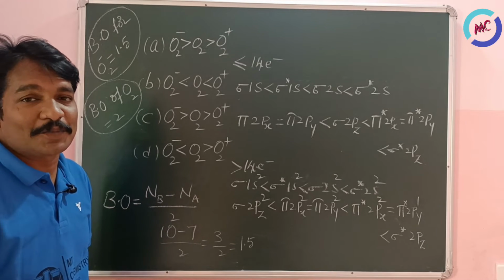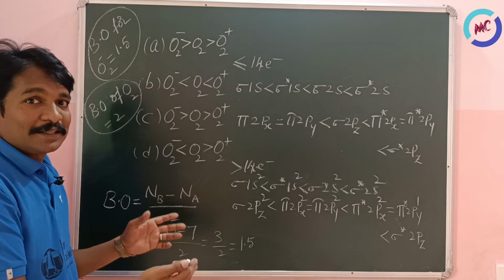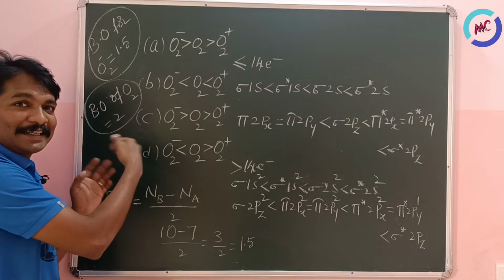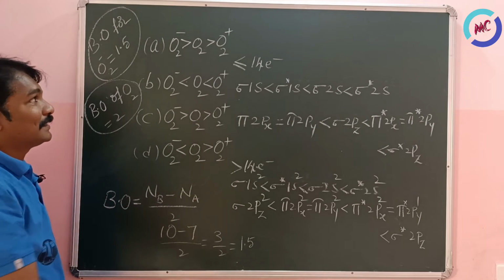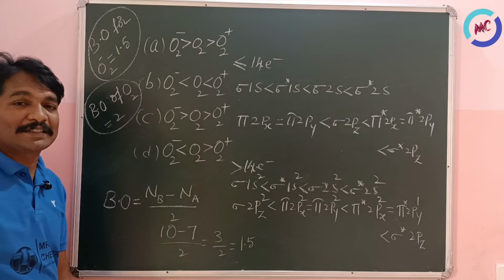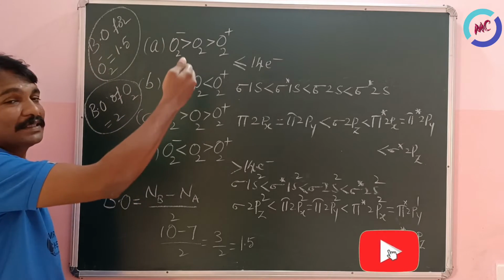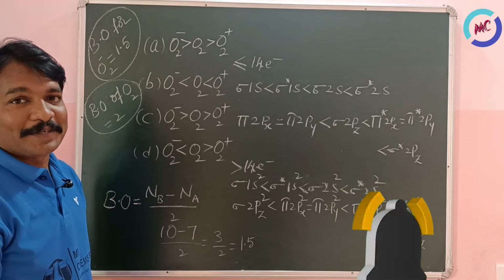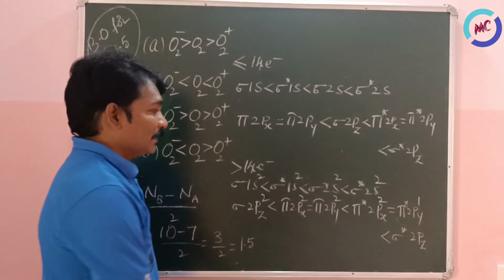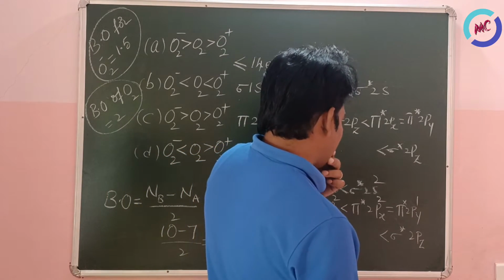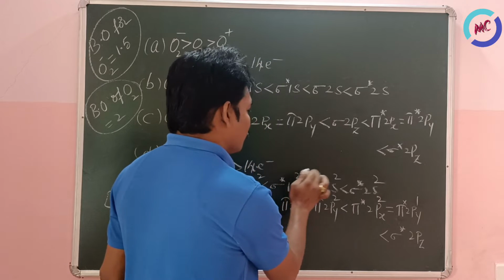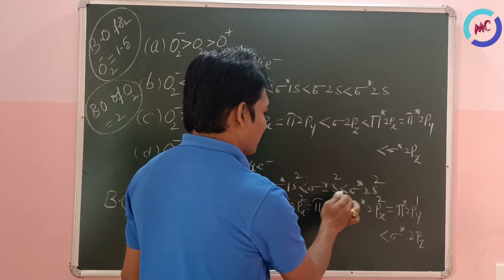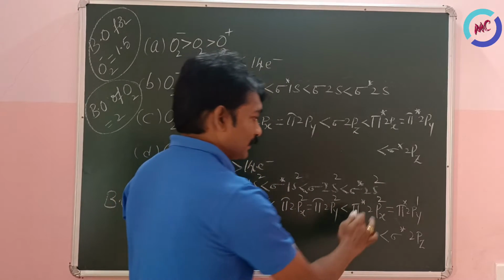For O2 plus also we already calculated, but instead of skipping, I am going to explain that one. See here, O2 in the sense, how many electrons are there? 16. O2 plus in the sense, we have to reduce one here. Then we will get 15. See here, now 1, 2, 3, 4, 5, 6, 7, 8. 8 twos are 16.